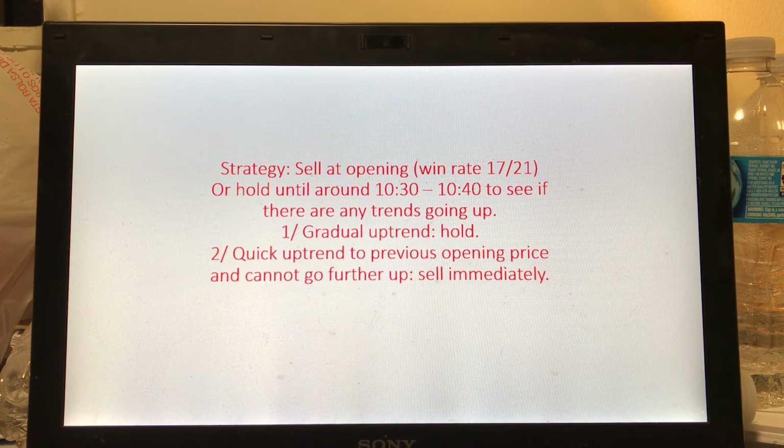Or if you are unable to make a good estimate of the option price, just wait for the market to open and close your position as soon as possible.